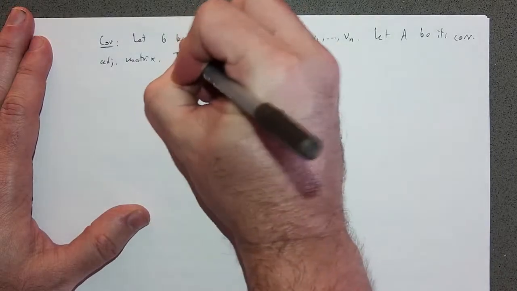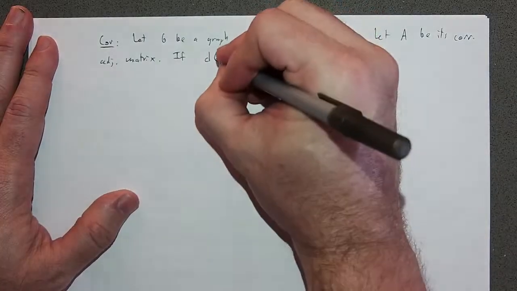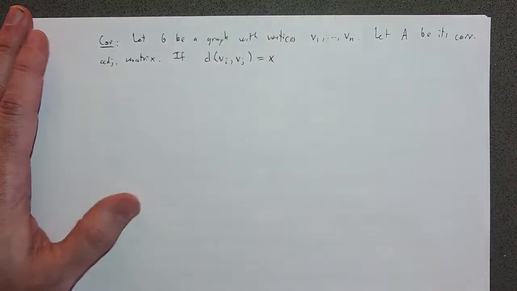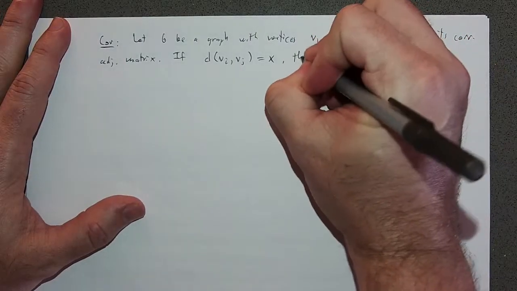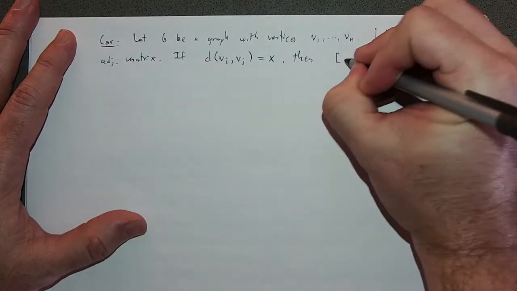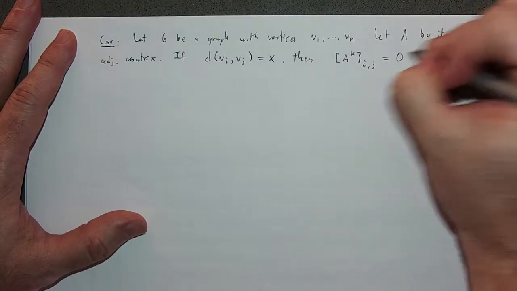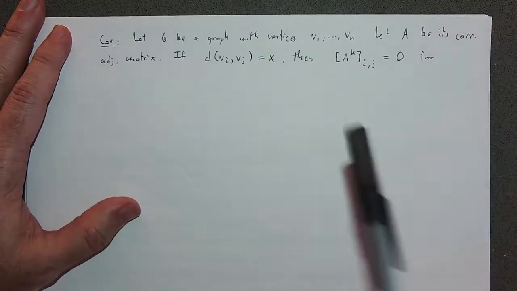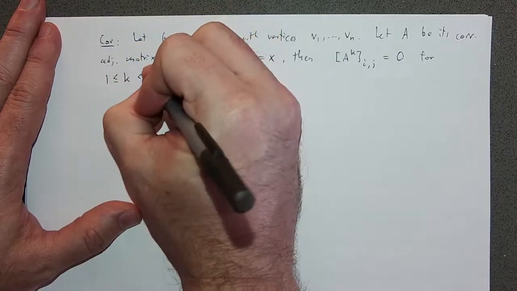If the distance from, say, Vi to Vj is x, then the ijth entry of a to the k is 0 for k greater than or equal to 1, but strictly less than x.